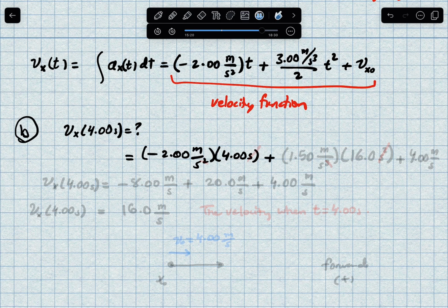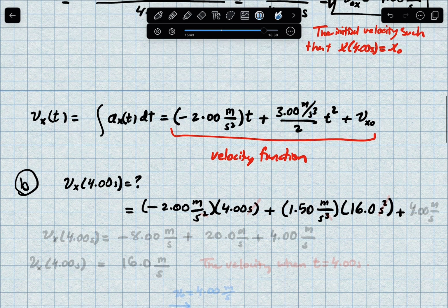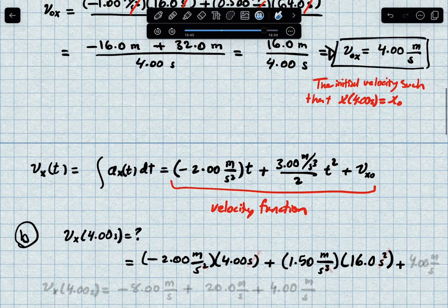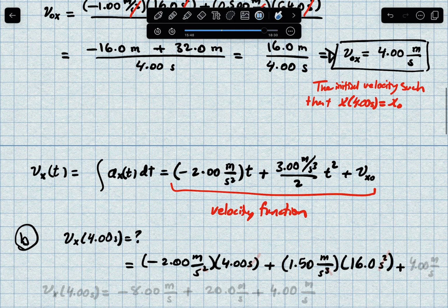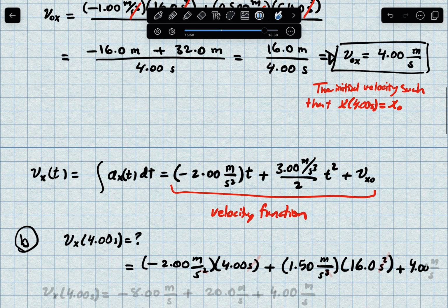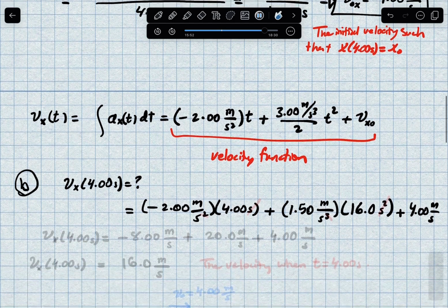And in the other term, you have 1.5 meter per second cubed multiplied by 4 squared, so that's 16 seconds squared. And at the end, you have the initial velocity, which we solved in the earlier part of the question. It is 4 meters per second.